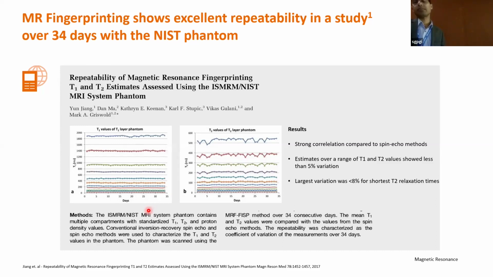Now, I talked about the robustness part, and that is where fingerprinting scores over the conventional quantitative measures. It has been tested several ways to check the reproducibility of the technique. There was one study where they studied using NIST phantoms at different time points on the same scanner, same place, and it was found to be very reproducible.